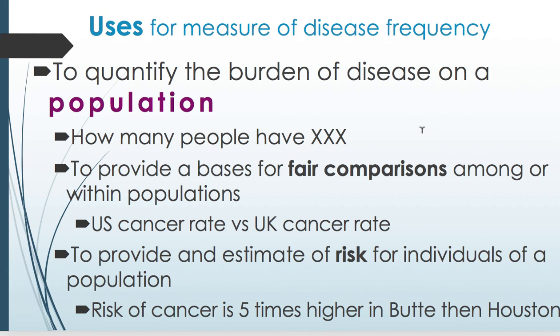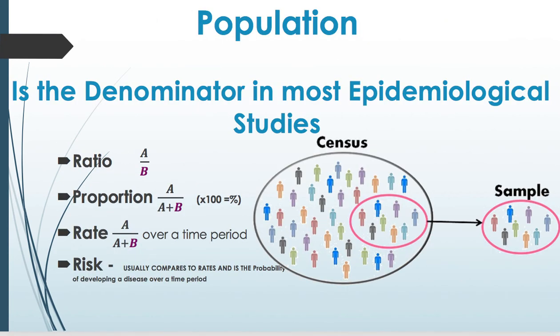And as you can see, I highlighted the word population because population is really important. The different statistical methods, the different data sources that we use and ways in which we express epidemiological data are ratios, proportions, rates, and then of course risk. And in all of these you can see that in our mathematical equation, B is the population.